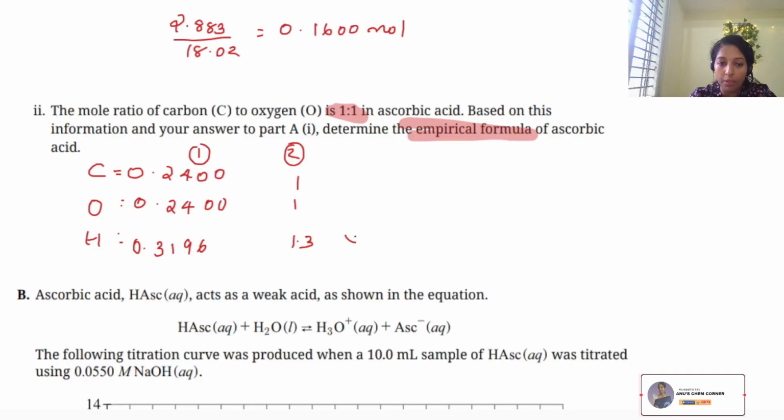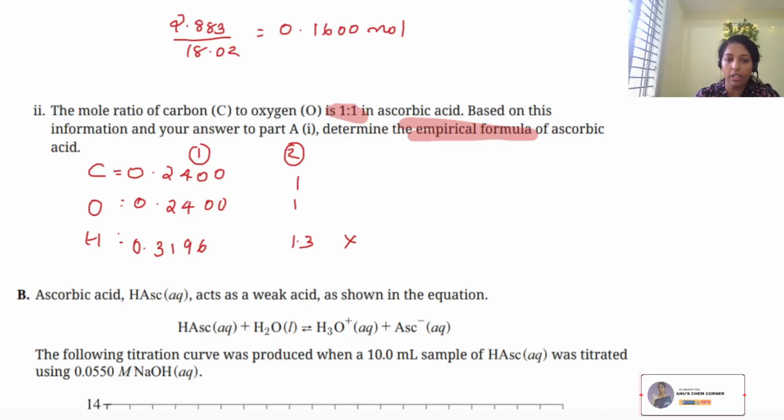You have to multiply with some constant. In that way, you can get rid of this fraction number, this decimal number. Okay, so what is that number? If 1.5, you can multiply with 2. Similarly, what is the multiplier used here? It's 3. Yes, 3 is the multiplier we are using.